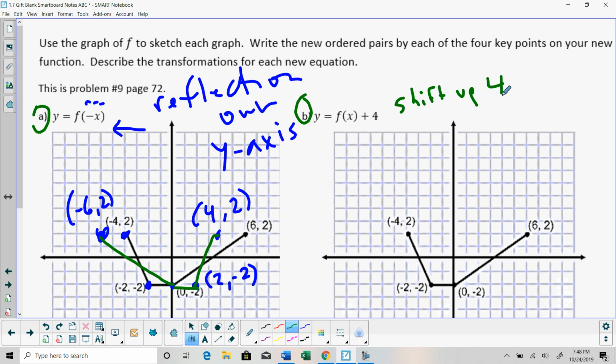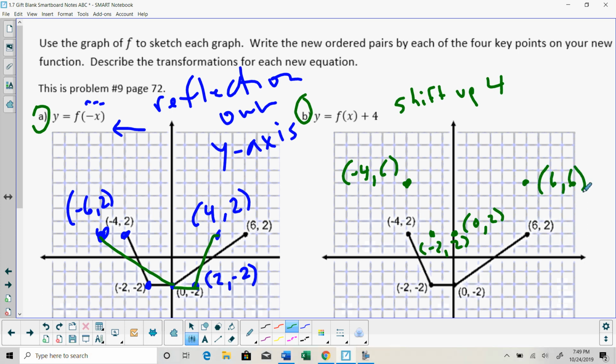So the -4, -2 is going to become up here at -4, 2. We are adding 4 to every y coordinate. So -2, -2 is going to become -2, +2. 0, -2 is going to become 0, +2, and 6, 2 is going to become 6, 6.